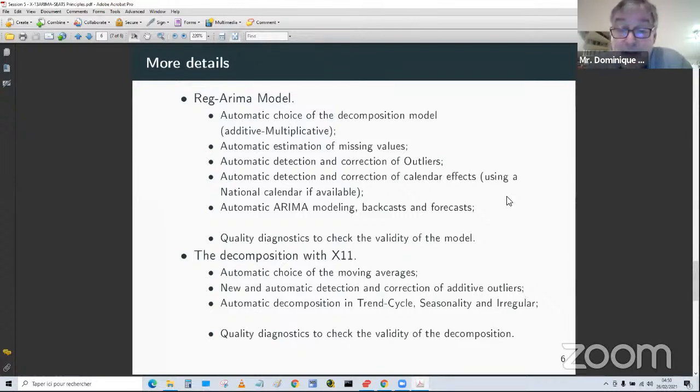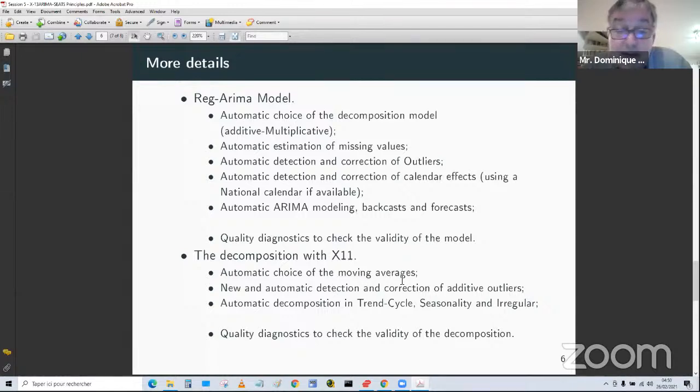And so the ARIMA model is always a bit tricky. It's a good and bad thing for seasonal adjustment. In a usual situation, when nothing happens, the ARIMA modeling will work well, so you will get good results. But in turning points, for sure, the ARIMA model will not work very well.